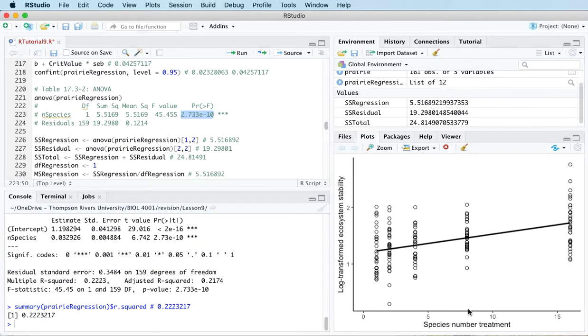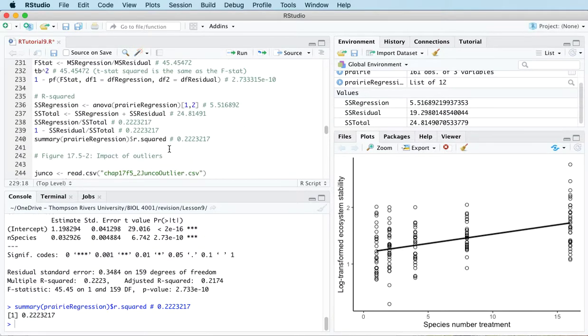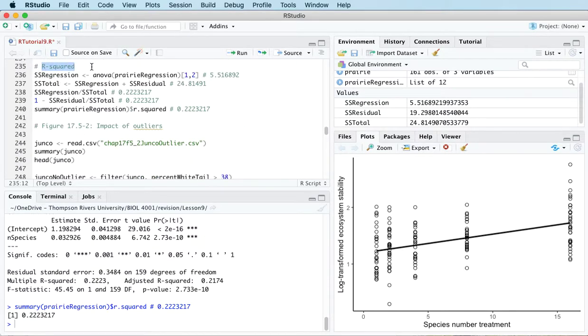So this is a case where we've determined that there is a relationship here. It's not a very strong relationship, because the model is only able to account for 22.2% of the variation in the response variable. So while r squared is a useful number to report on and interpret, it's not perhaps as revealing as we might hope.